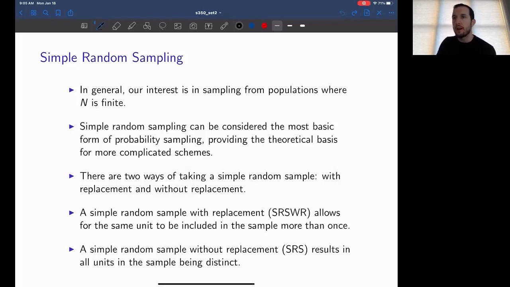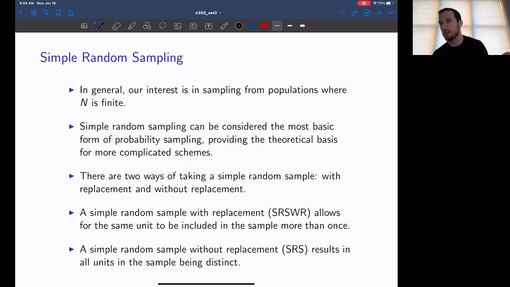Okay, so there are two types of simple random samples. There are the simple random sample where each item is collected once and only once. We call that the simple random sample without replacement and designate that SRS. And then there is the simple random sample where each observation can be returned to the frame such that it can be sampled as many times as little n, the sample size.